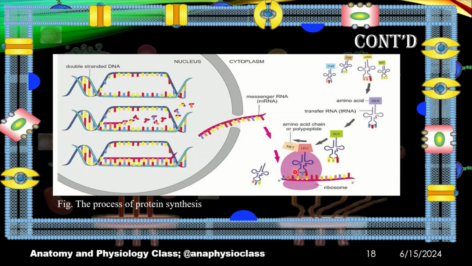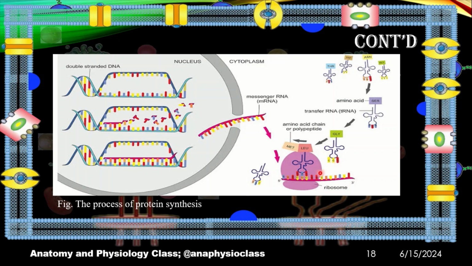So it will be reading the code that is present on the messenger RNA, thereby inserting the corresponding amino acid. These are the amino acids: this one is methionine, this one is leucine, this one is glycine, this one is serine.